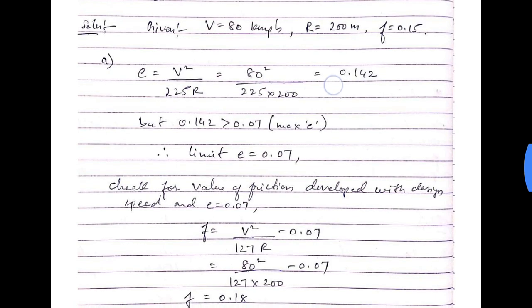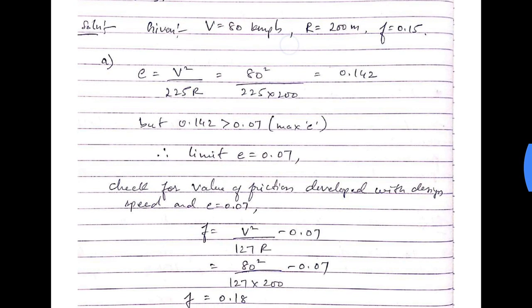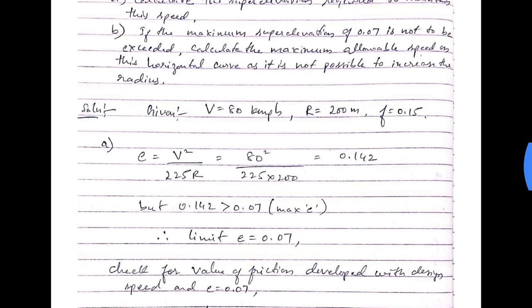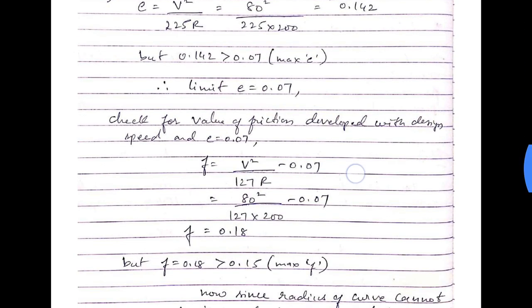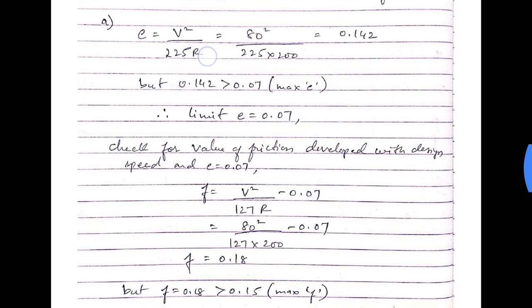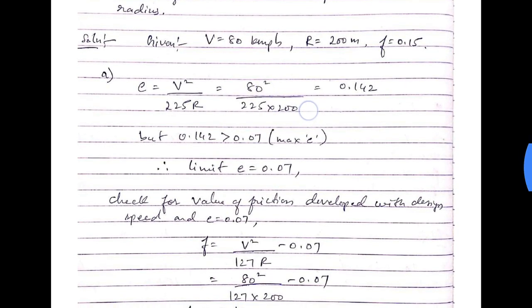Okay, so let us see what is given. Design speed V is equal to 80 kmph, radius of horizontal curve 200 meters, and coefficient of friction 0.15. So we follow the same design steps. First step is E equal to V square by 225 R. Substitute the value of V and R here.